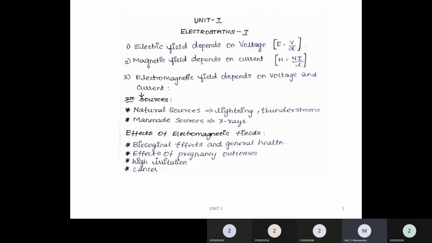You know the concept that electric field depends on voltage and magnetic field depends on current. So the electromagnetic field mainly depends on voltage and current.